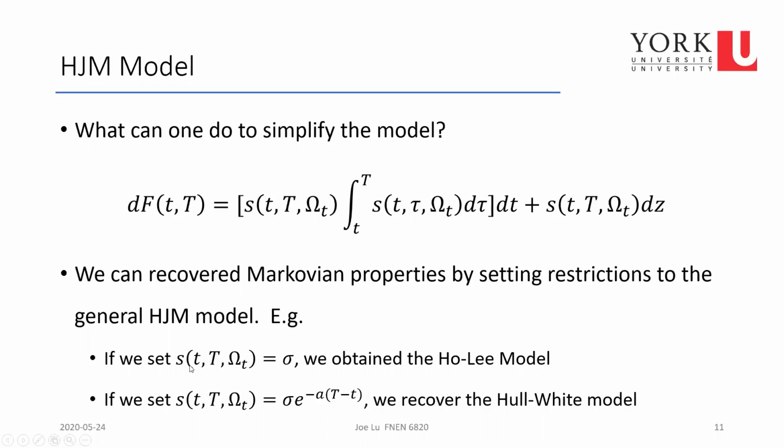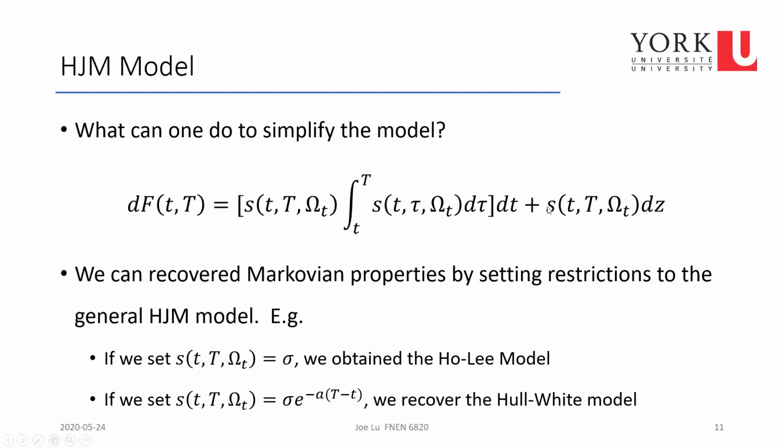And if we say this function, instead of a function of little t and big T and whatever omega, which is a state variable there, we just say this is a constant, okay? So if S is a constant, we can actually recover the whole Ho-Lee model. We'll see why that's the case.